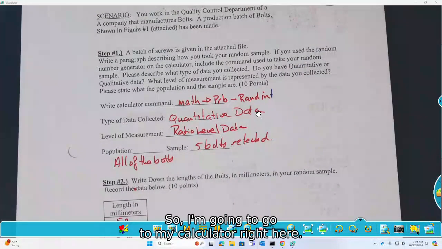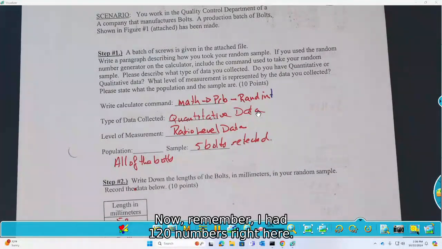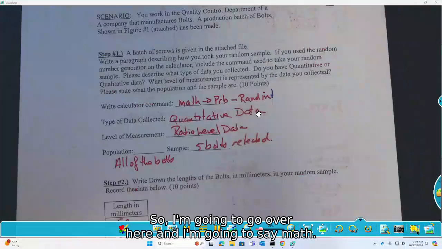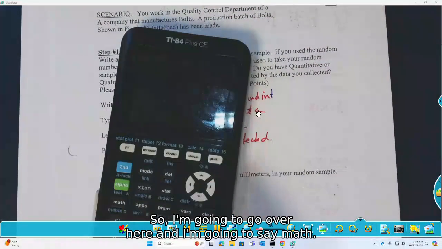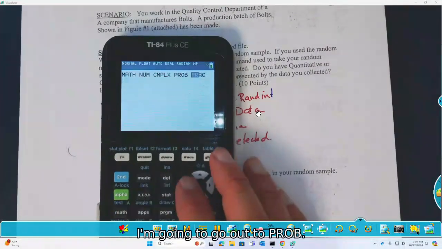Your instructions. So I'm going to go to my calculator right here. Remember, I had 120 numbers right here. So I had from 1 to 120. So I'm going to go over here and I'm going to say math. I'm going to go out to PROB.